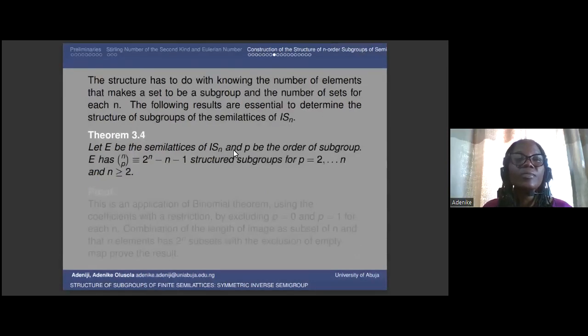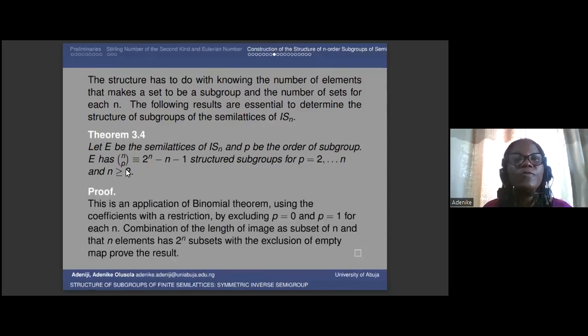Then let E be the semilattice of ISn and p be the order of the subgroup. So E has n combination p structural subgroups for p equal to 2 to n, where n is greater than or equal to 2. So the structure has to do with knowing the number of elements that makes a set to be a subgroup.